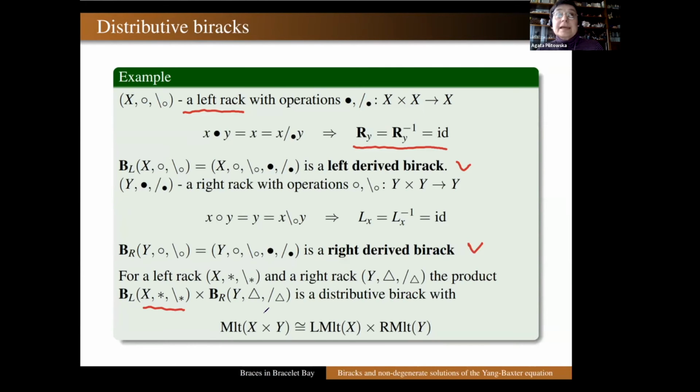The multiplication group of this distributive Birack, built on the product of the left and right derived Biracks, is isomorphic to the product of the left multiplication group of this Birack and the right multiplication group.